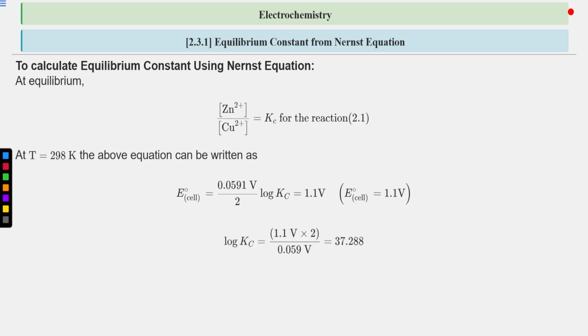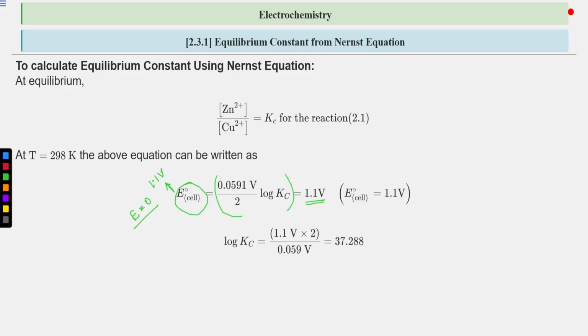So log of Kc, we just rearrange this. We know that at equilibrium E of cell is taken as 0, and E naught of cell is 1.1 volt. So we just rearrange this term.